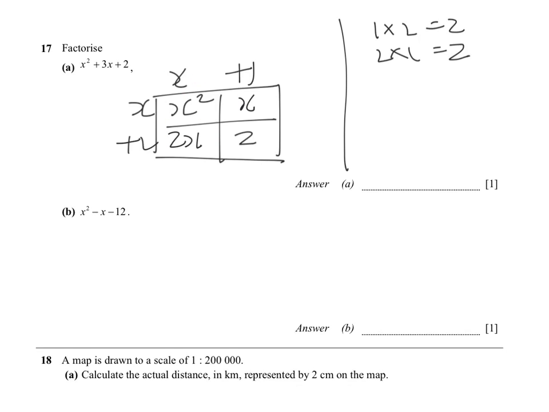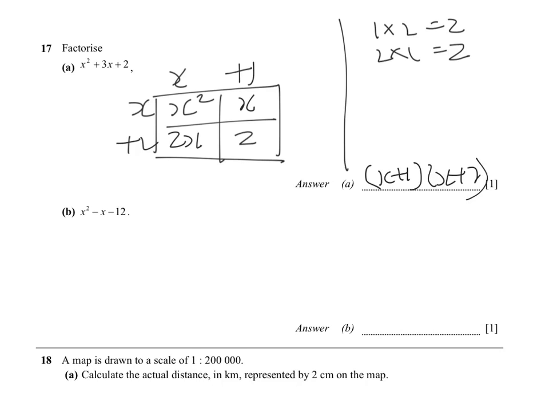So we see that, yep, 2x plus 1x is 3x. So the answer will be bracket x plus 1 and bracket x plus 2.